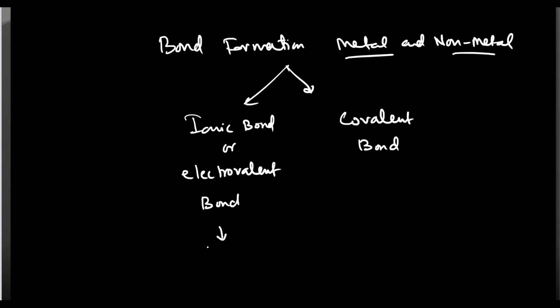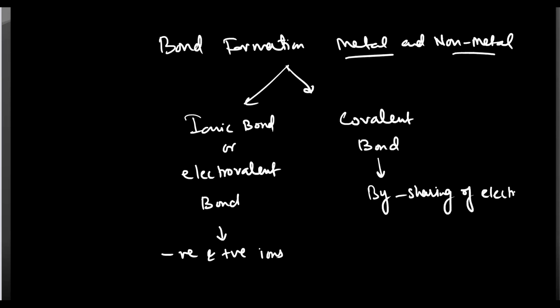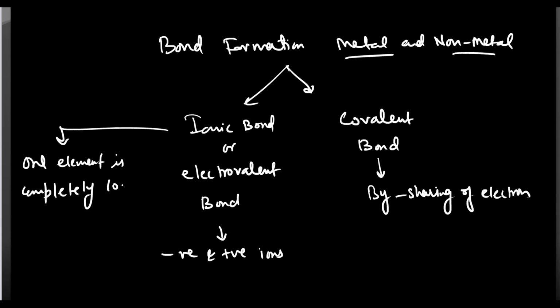The ionic bond is formed between negative and positive ions. The covalent bond is formed by sharing of electrons. Here they are not sharing. One element is completely losing electrons, and the other is permanently gaining.